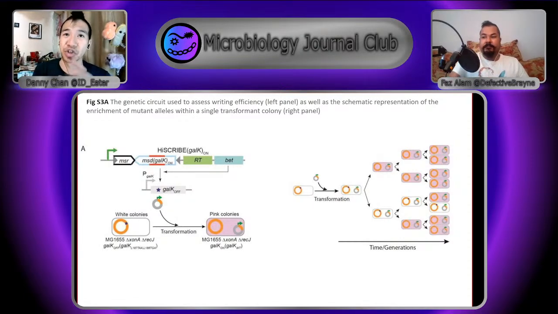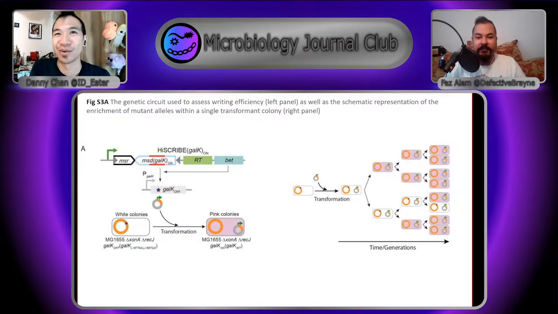Those are the ones where they took out the two nucleases. Remember, we're not always going to be working in that background because it has a higher propensity for other mutations that might mess things up. So they just wanted to see what the rates are in a background that doesn't have those things.